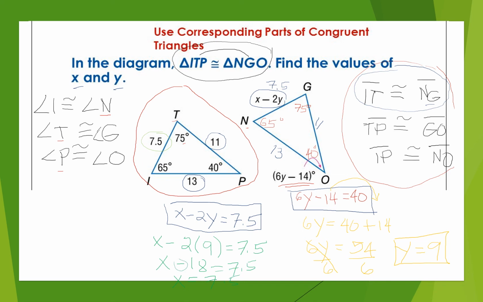So, from negative, that will turn into positive. So, plus 18. So, that will be x is equals to 7.5 plus 18. So, therefore, x is equivalent to what? Okay, so that will be 25.5. So, x is 25.5. So, that is the answer.